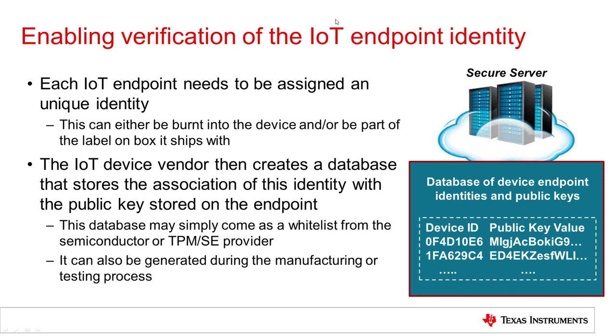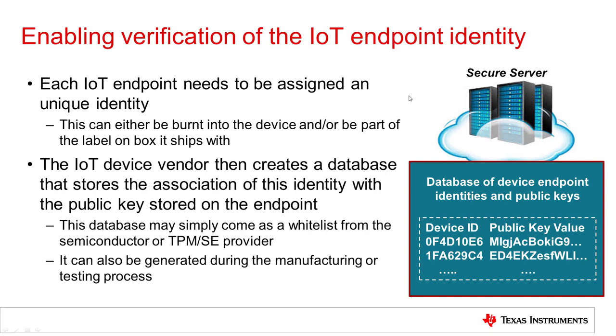Each IoT endpoint device will need to have a unique identity. This may be an immutable identity that's already present on the device, either in a secure element or in the MCU itself, or it could simply be added as a label on the box the device ships in.